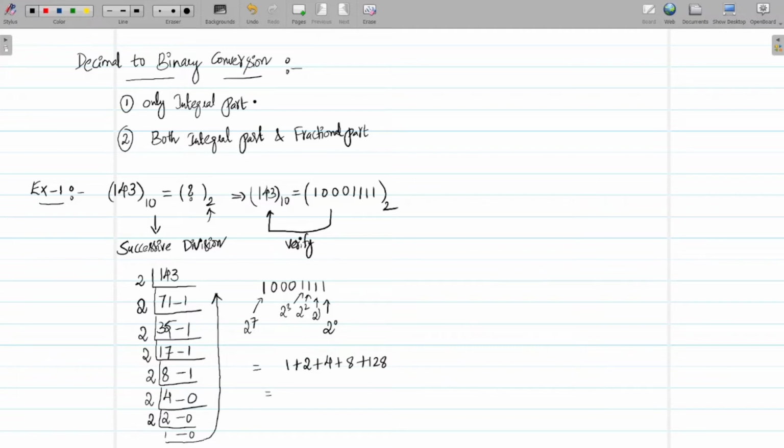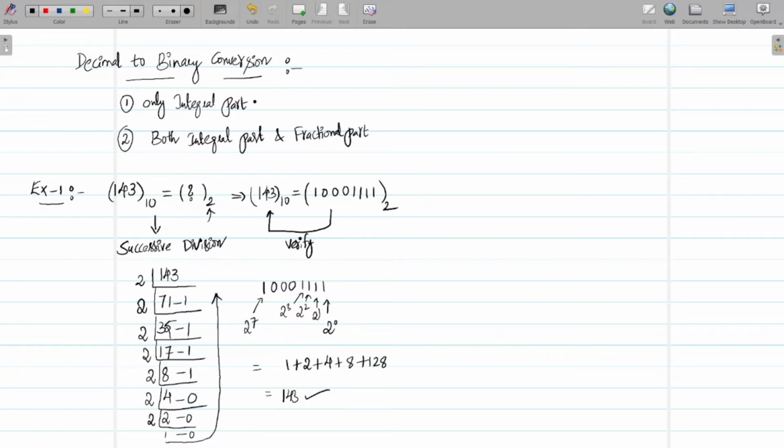Now adding all this, you will get 143. So this is the number which is given in the question.